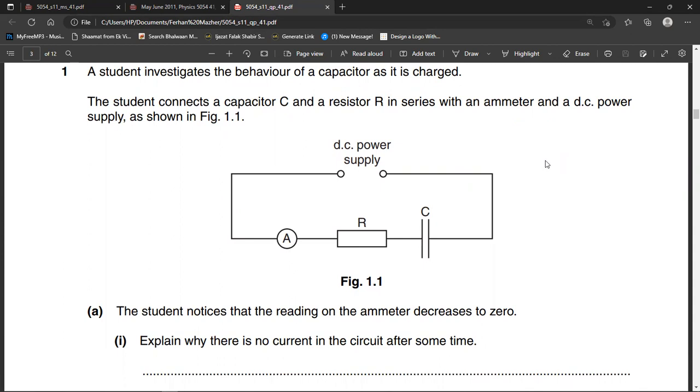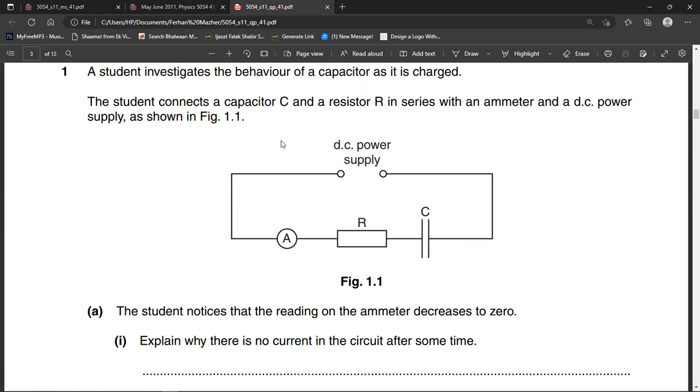You see in the start, these are the plates of the capacitor, and gradually the opposite charges will accumulate on these plates. So when you start this observation, there is no charge on these two plates.